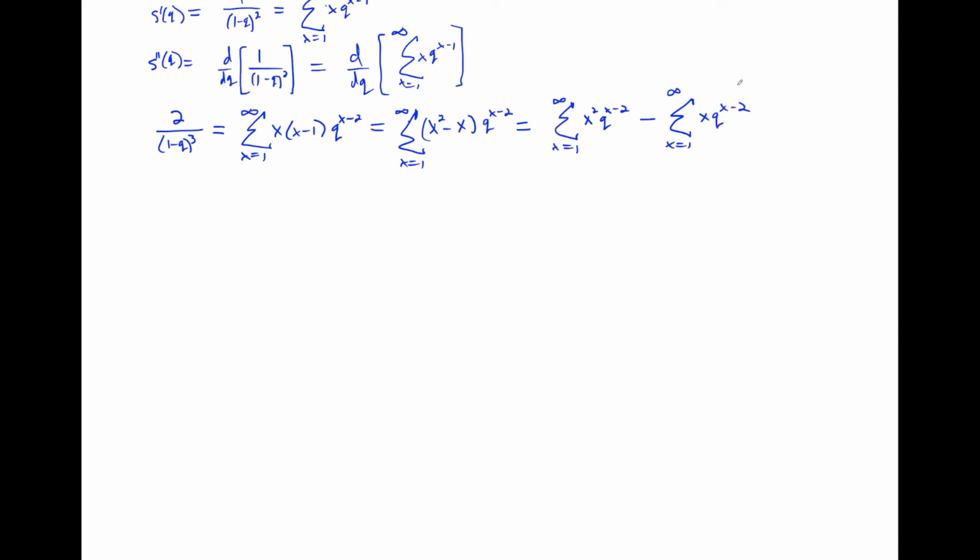Okay, so now we can collapse this, and we know that 2 over 1 minus q quantity cubed is equal to the right-hand part of the equality: the sum x goes from 1 to infinity of x squared q to the x minus 2 power minus the sum x goes from 1 to infinity of x q to the x minus 2.